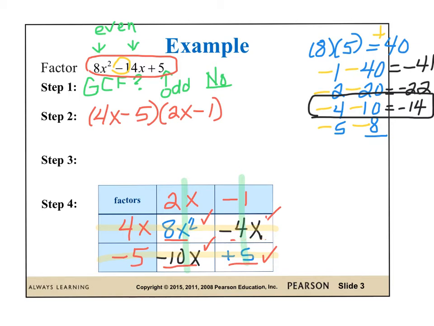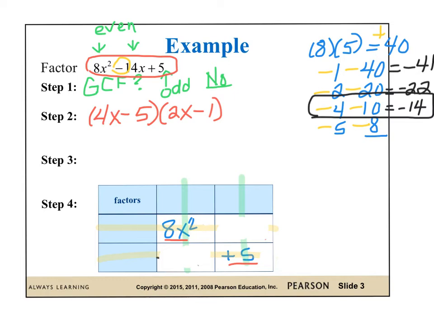Now, just so that you understand, it really didn't matter which factor I put in which box. So I'm going to do some erasing here. And we're going to start back over, but instead of putting the factors in the boxes where I had them before, I'm going to put them in the other boxes so that you can see that it really is going to be the same thing.